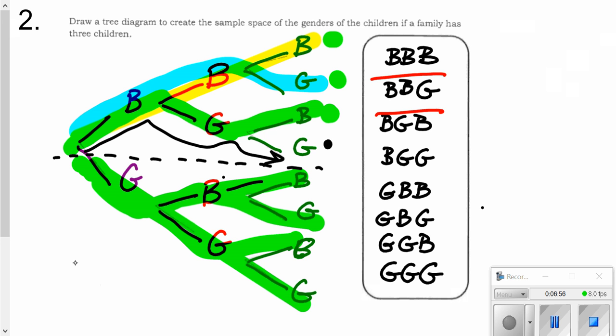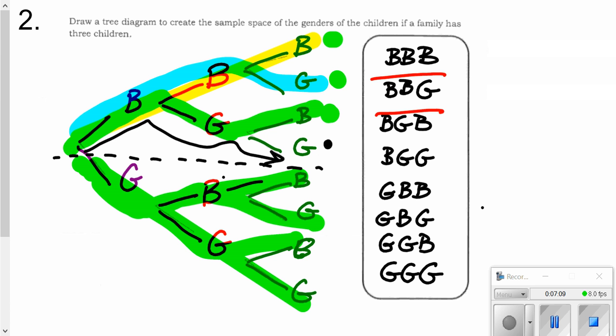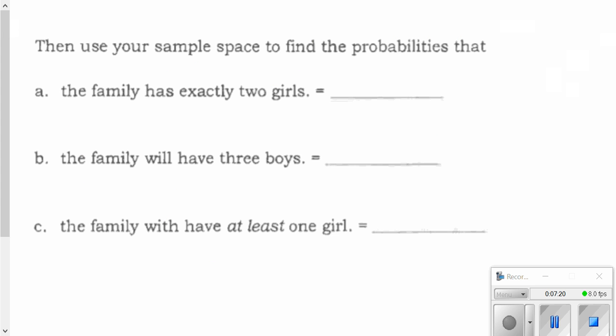Gender binary, we're going to say that girls and boys are equally likely, which isn't actually true biologically. It's a little bit more likely to have a boy than a girl. But we're just going to say it's 50-50. Okay, so if every one of these branches is a 50-50 shot, then each of these 8 outcomes is equally likely. Okay, so I can just use that idea, because if everyone is like a coin toss, then each of the resulting outcomes in the sample space is going to be the same probability.